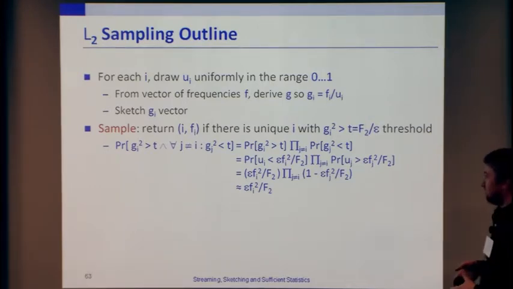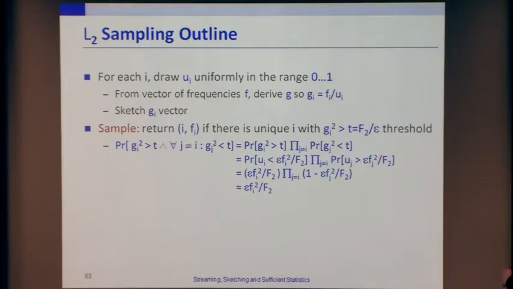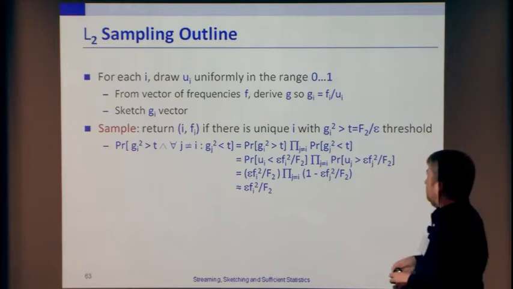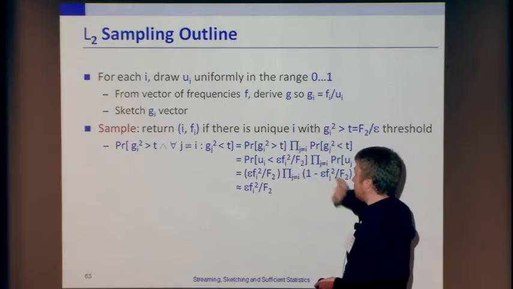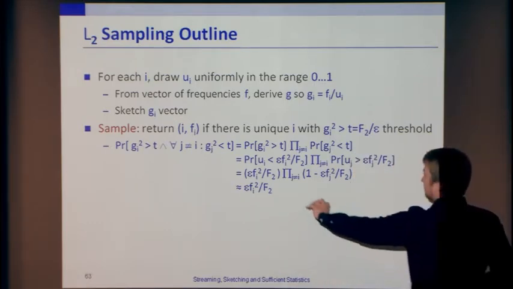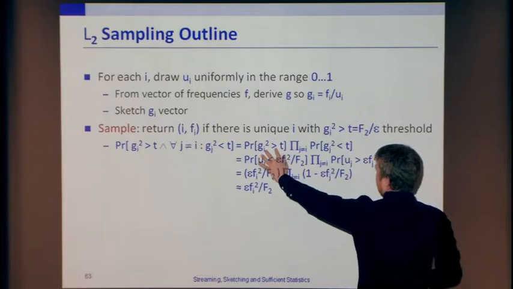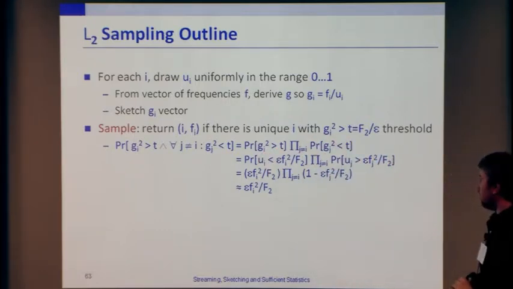So what's the argument for why this is doing about the right thing? It's basically asking, what's the probability that this rescaled squared weight exceeds this threshold and is unique? Well, we break that using an independence argument into the probability that the squared value exceeds the threshold times the probability that everything else falls below the threshold.